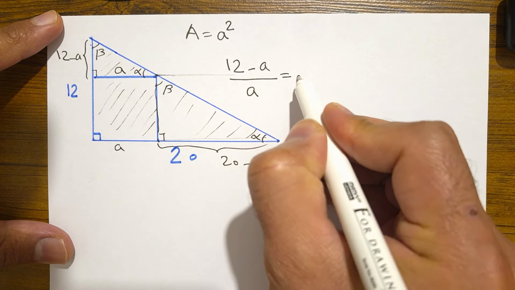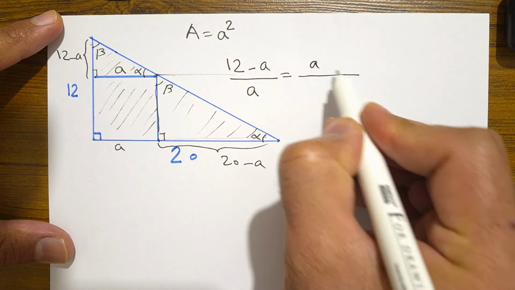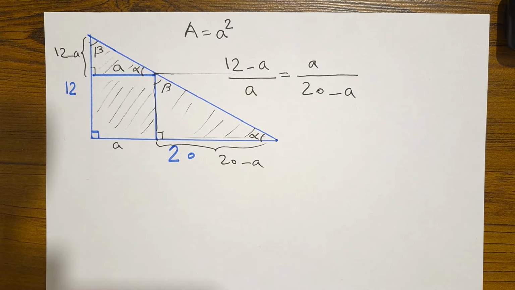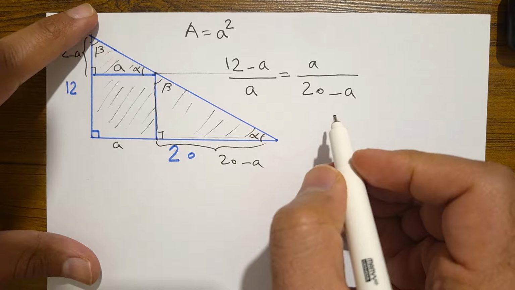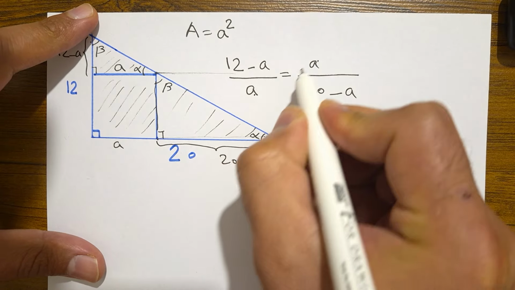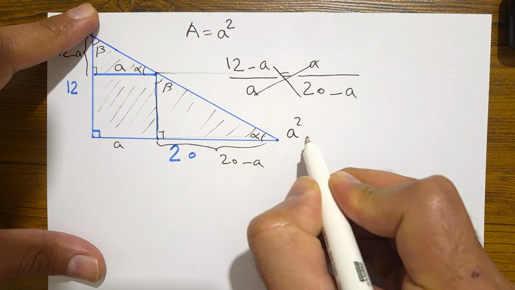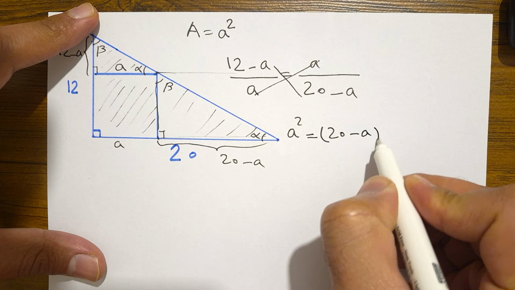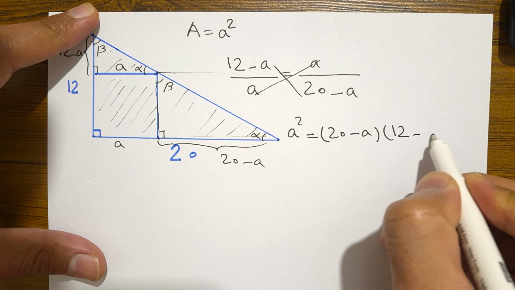In other words, it equals A over 20 minus A. Okay, so let's just cross multiply and find the value of A. So we can say A times A equals A squared, equals 20 minus A times 12 minus A.